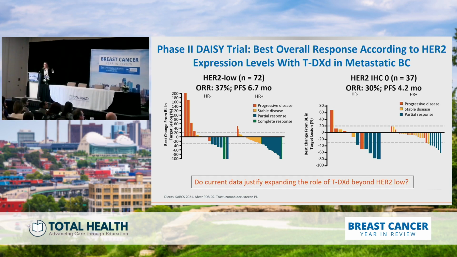And just to recall, HER2 zero doesn't mean that there's no HER2 expression at all. It just means that there isn't HER2 expression in 10% or more cells. So you can have HER2 expression in 9% of the cells and be deemed HER2 zero, and perhaps that's what explains this observation here.